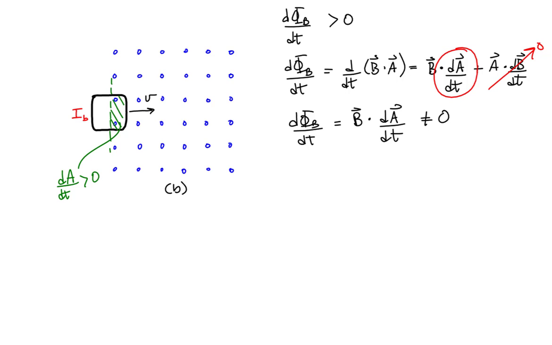Remember, magnetic flux is directly proportional to the number of magnetic field lines crossing an area. Well, if the number of magnetic field lines crossing this area is increasing, Lenz's law states that a current will be produced that induces a magnetic field to oppose that change.